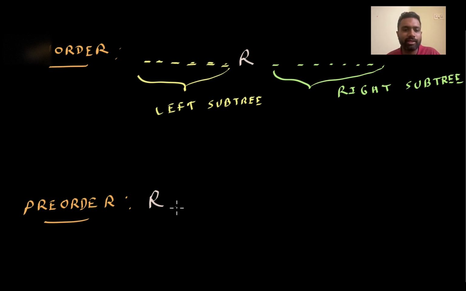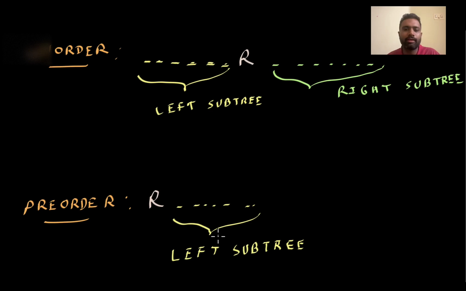So let me indicate again through yellow. So these are the left subtree nodes. And then the next sequence of nodes will be the right subtree nodes. So this will always be a sequence, given both left subtree and right subtree exist.